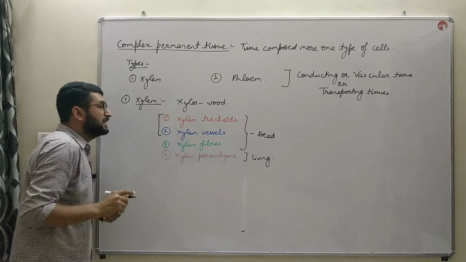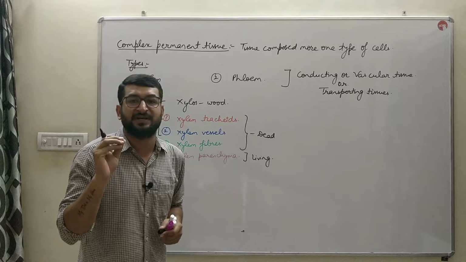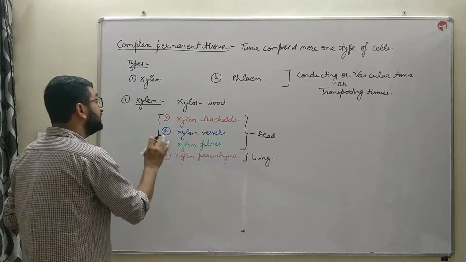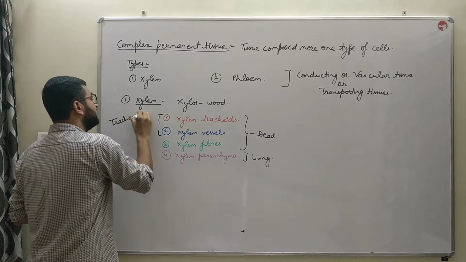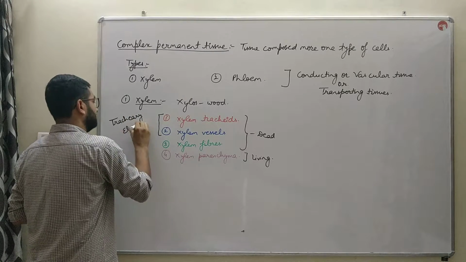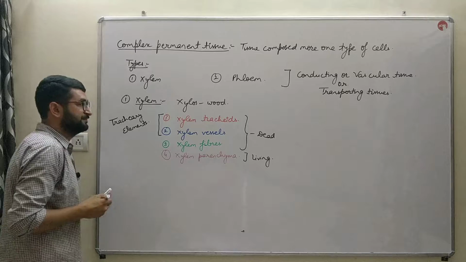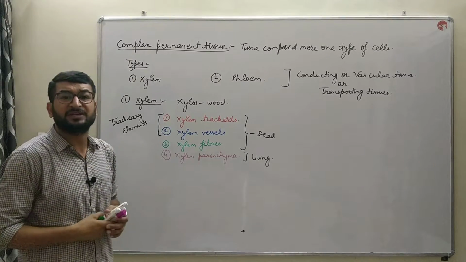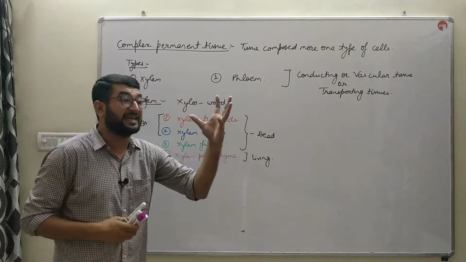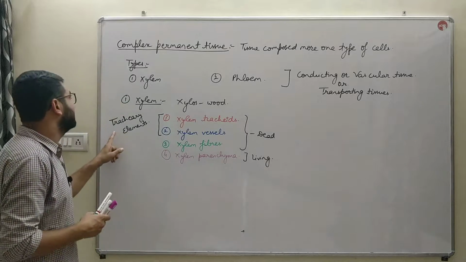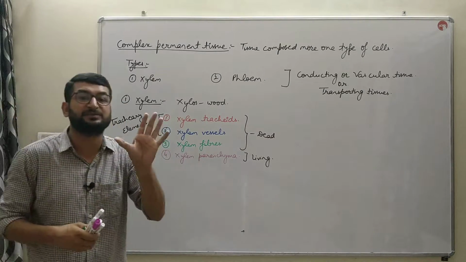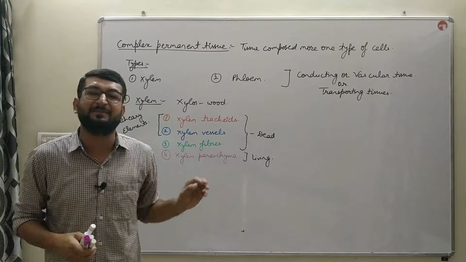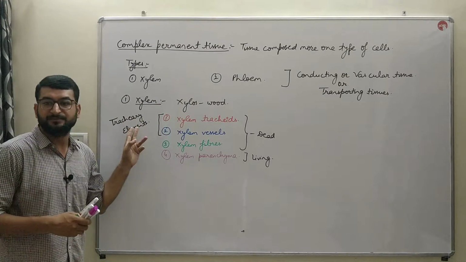These two play the major role in the transportation. So these two, xylem tracheids and xylem vessels, are collectively known as tracheary elements. Why are they called so? Because the major transportation role is played by both of these tissues.